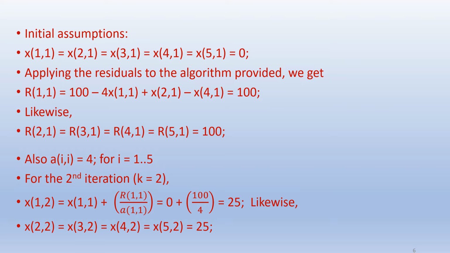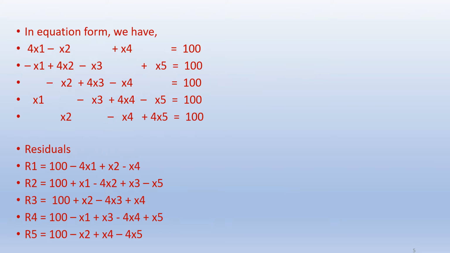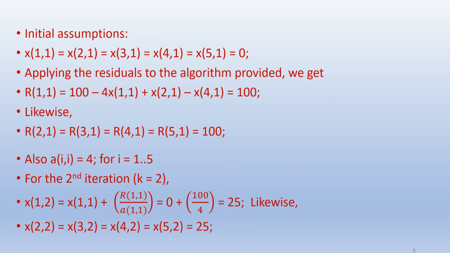So all the residuals are 100 in the first step. Also, a(i,i) equals 4. a(i,i) represents the diagonal element of the square matrix A. Here i varies from 1 to 5. Since the diagonal elements are identically equal to 4 in our case, we have a(i,i) equals 4.